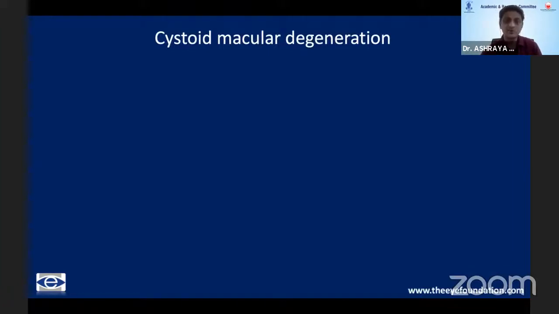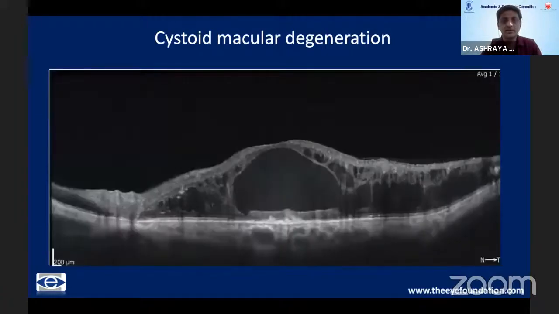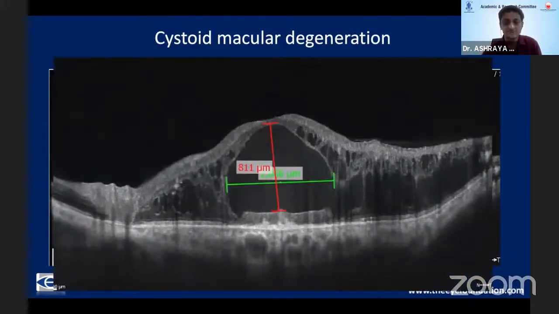When these bridging processes break and become large, they are described as cystoid macular degeneration, with dimensions of more than 450 microns horizontally and 300 microns vertically.